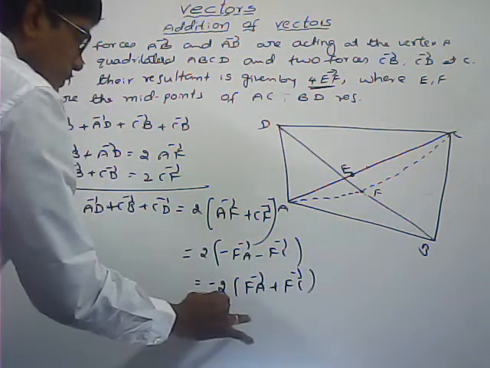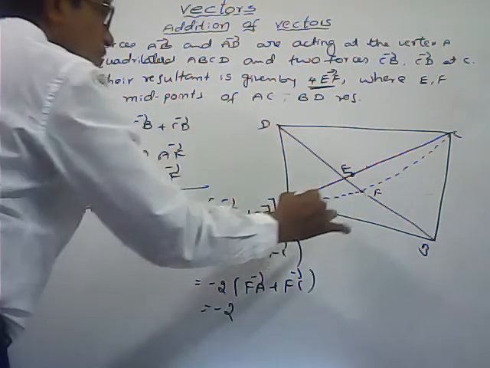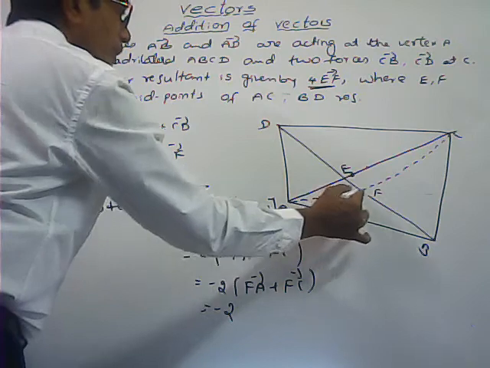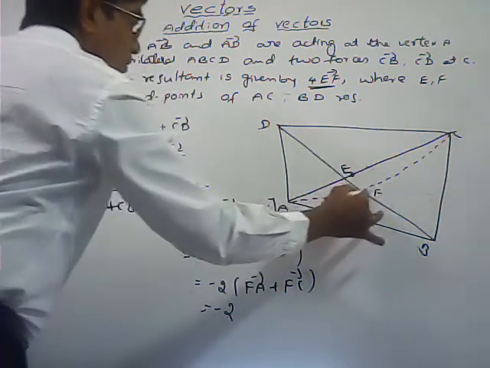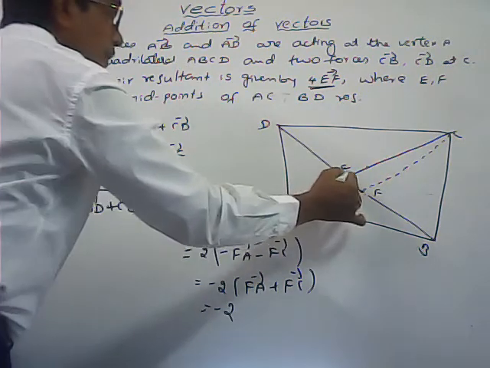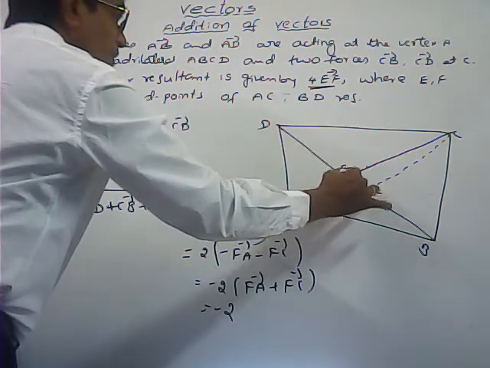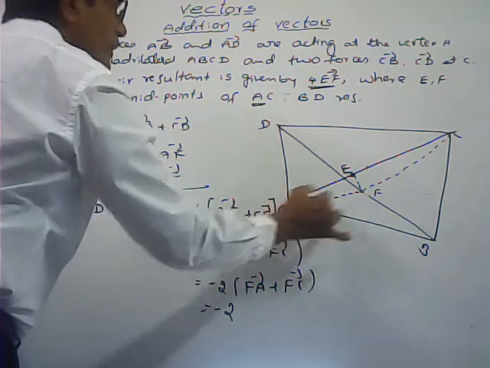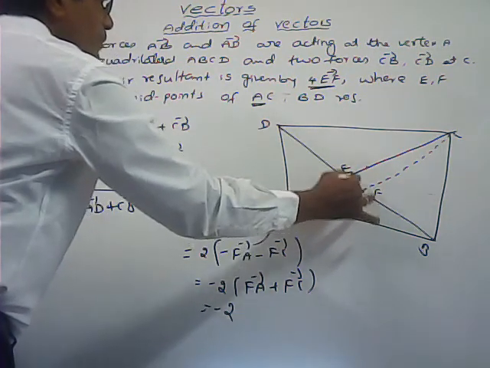Now here you can see this is the diagram. Here I am taking this triangle FAC. E is the midpoint of AC only, that is already given. So in this triangle AFC, FE is the median.